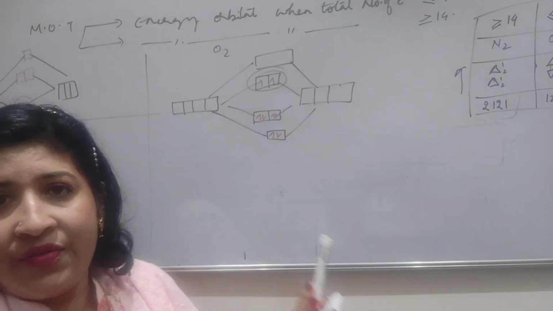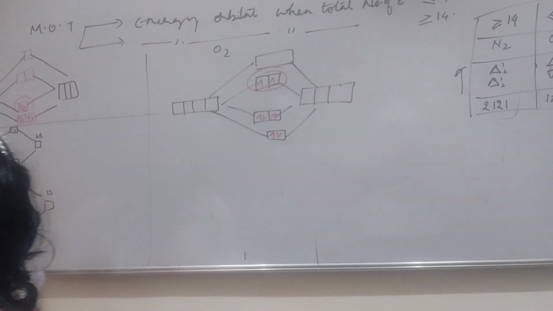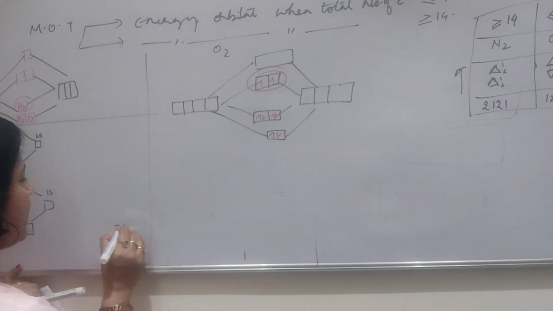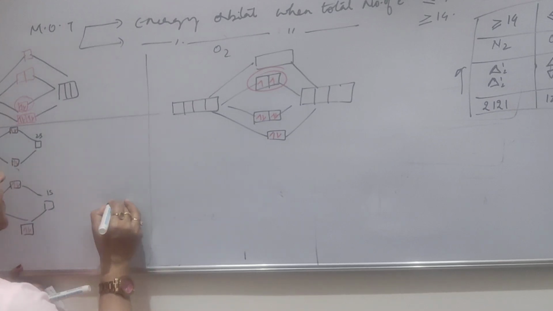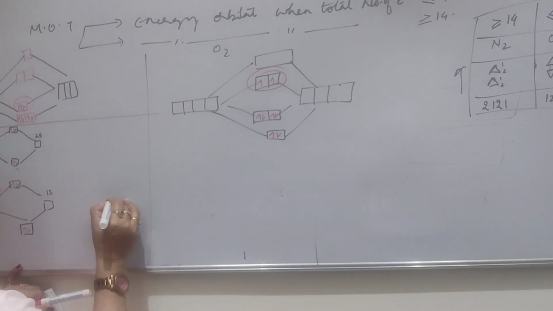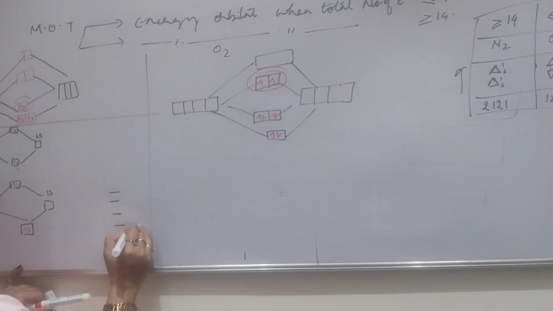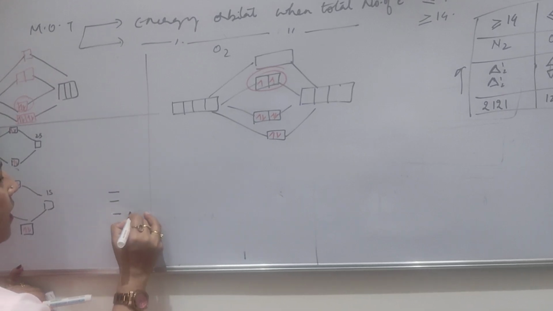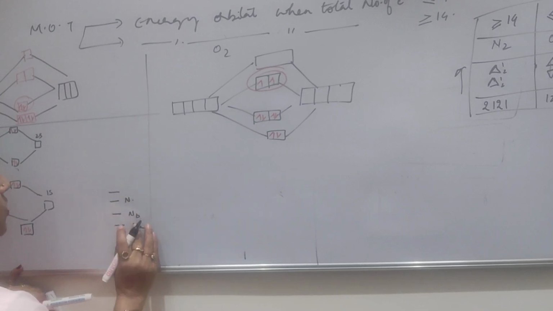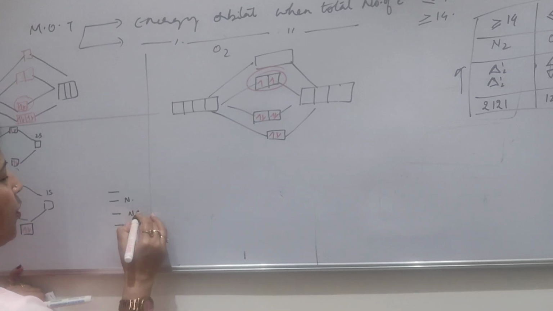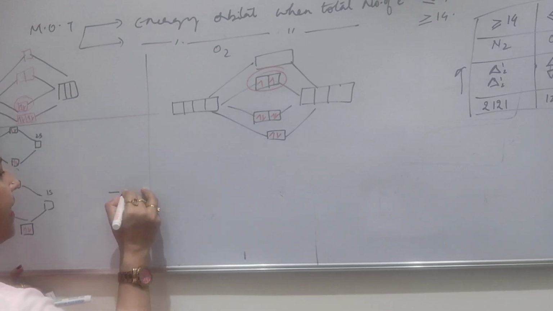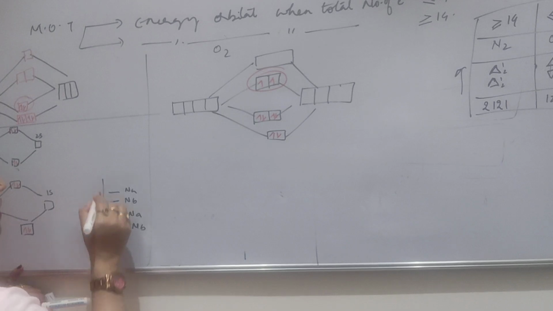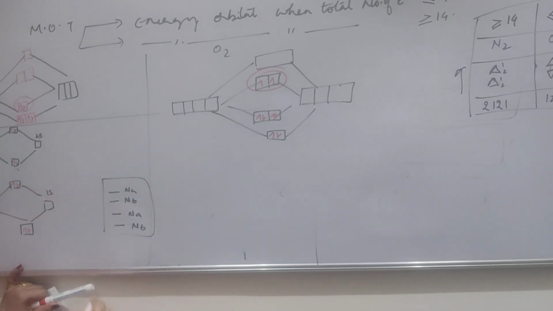Now, instead of writing this completely, you can just write the 1s orbital, 2s orbital. And this is 1s, of course, bonding, antibonding. So can I say it as Nb, Na, bonding, antibonding, bonding, antibonding. This is with regards to the 1s and 2s orbitals.